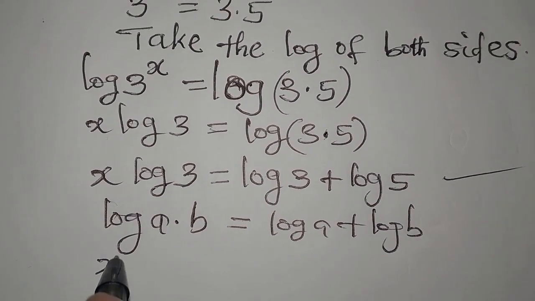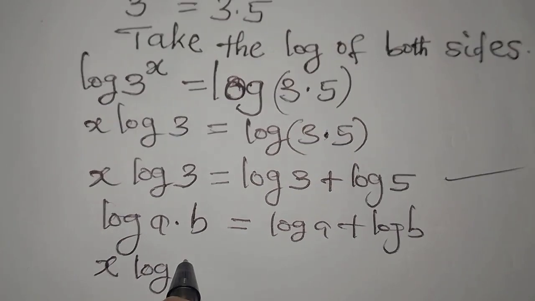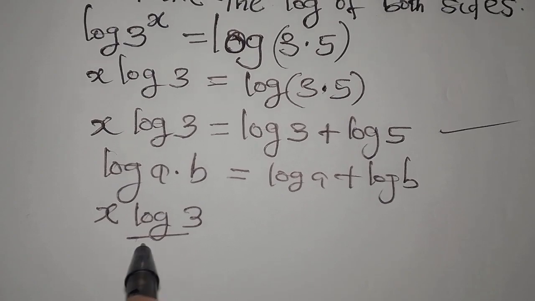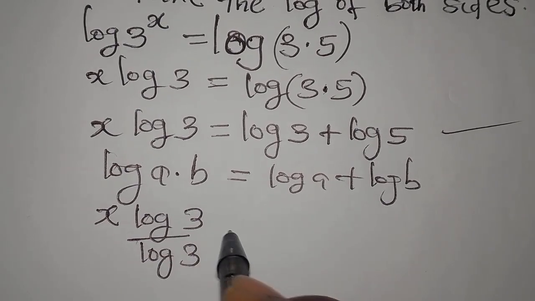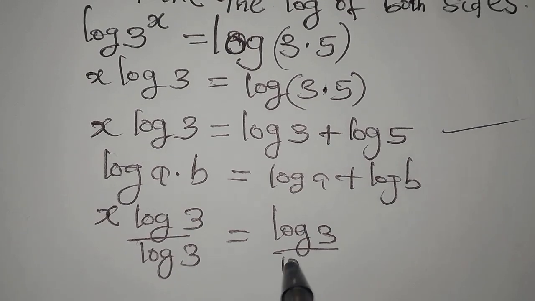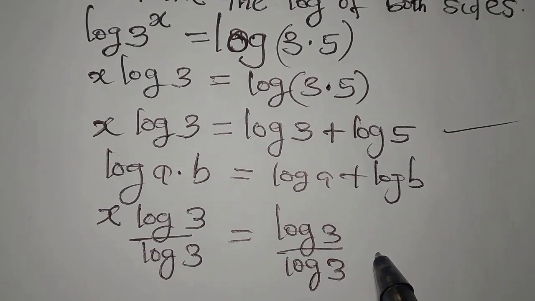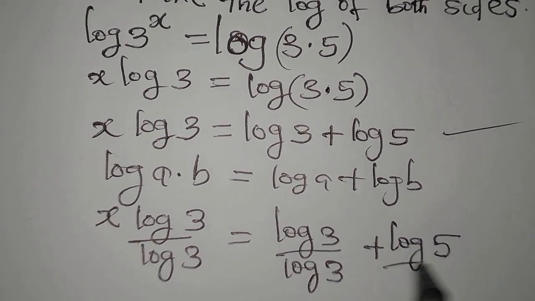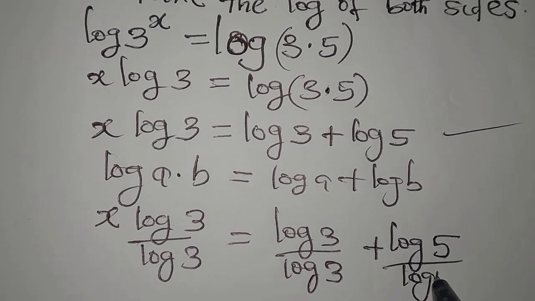So the next point is that we need to remove log 3 from here. To do that, we'll divide by itself. Then here we have log 3, we divide by log 3 again, and then we have plus log 5 divided by log 3.